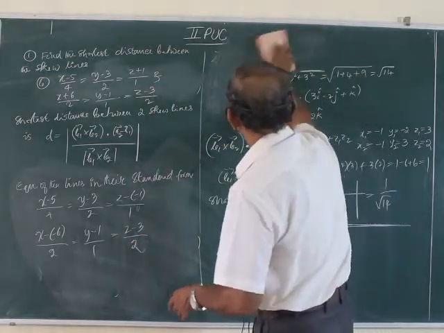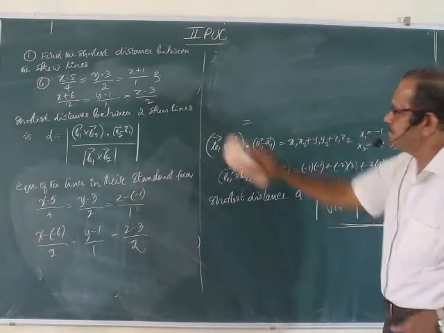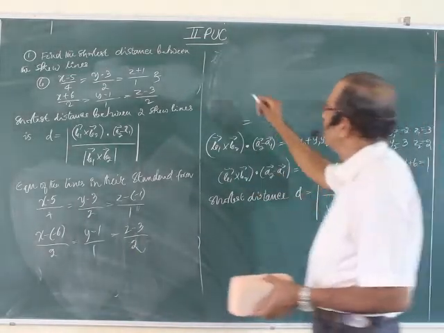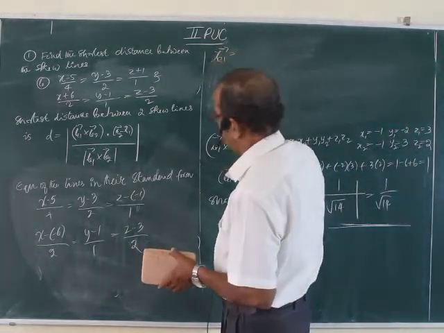This is the standard form of the equation of the line. Now we can write what is vector b1.